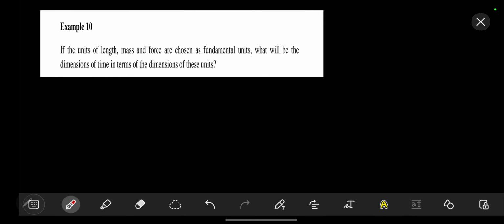So let's say we have been given that the units of length, mass, and force are chosen as fundamental units. What will be the dimensions of time in terms of the dimensions of these units? So already we have been given force, mass, and length. Now what we are going to begin to do is say our force. We need a formula that can connect our mass and length.